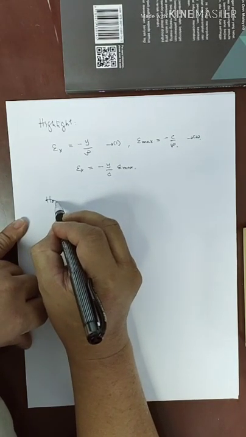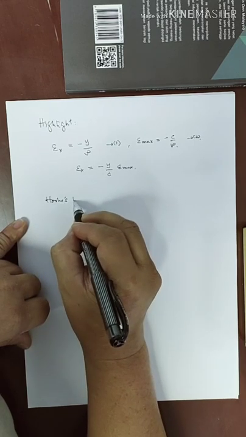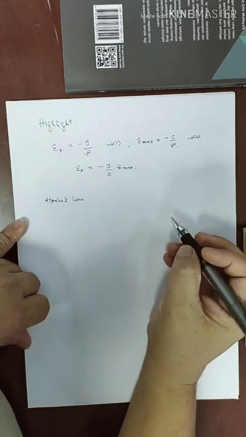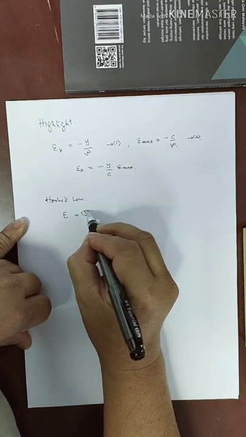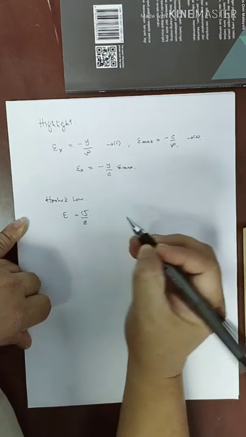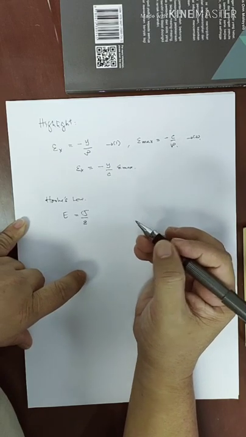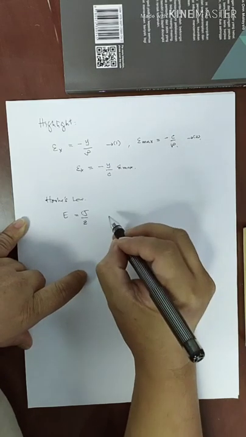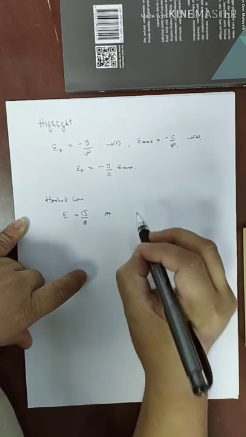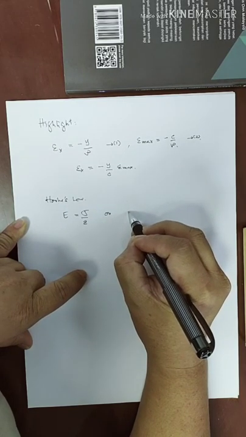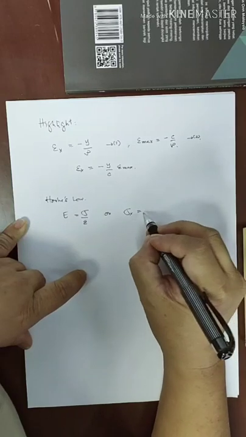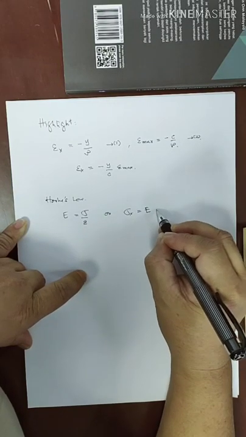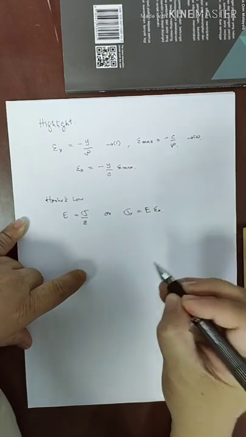Hooke's law says the Young's modulus is equivalent to stress over strain, or we can simply put the stress x equivalent to E strain x.